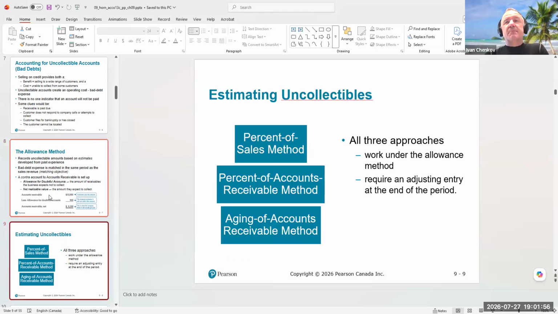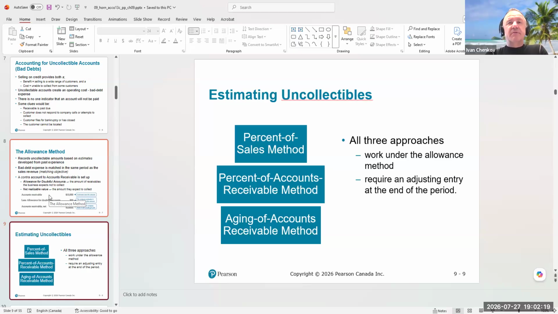How are we going to estimate? Because remember, we have to estimate this allowance for doubtful accounts. How much is uncollectible and how much should be our provision for allowance for doubtful accounts? We have three methods or three approaches. One is percentage of sales.